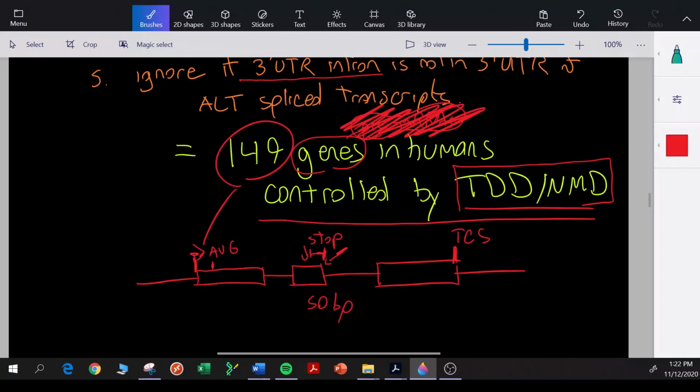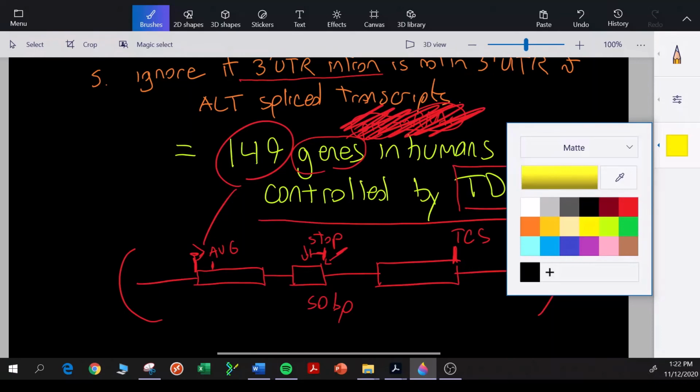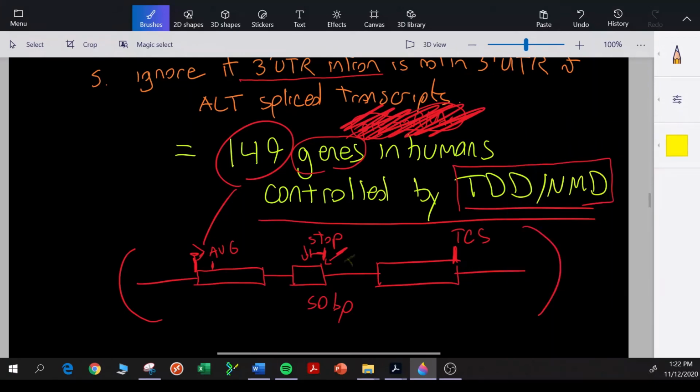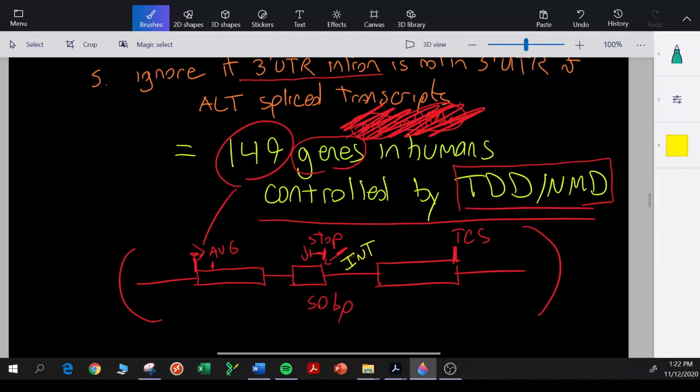So 149 genes in humans have a structure like this, and this intron is in the 3' UTR, because if the stop codon is right here, then everything after that is in the 3' untranslated region.